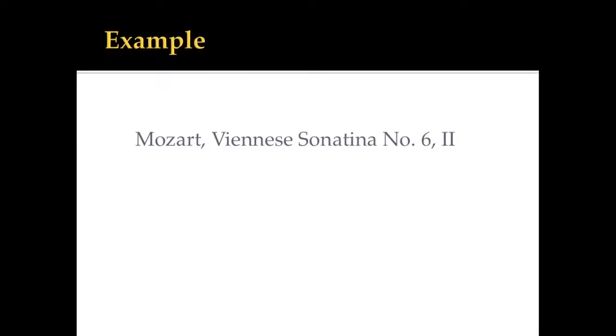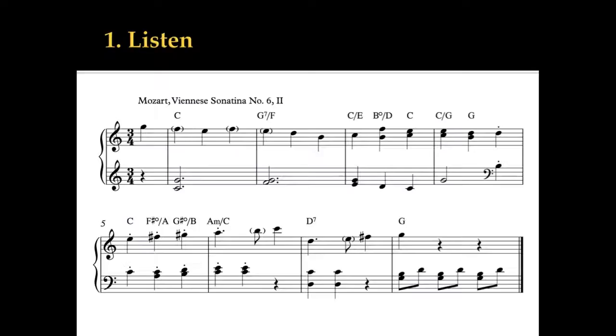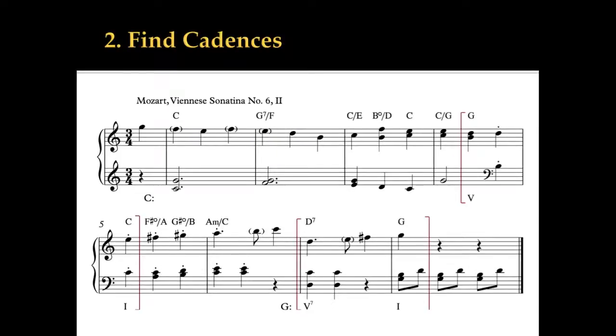Now let's do the step-by-step process using Mozart's Viennese Sonatina, number 6, movement 2. First, listen to the piece. Next, mark the cadences and listen again to make sure they're correct.